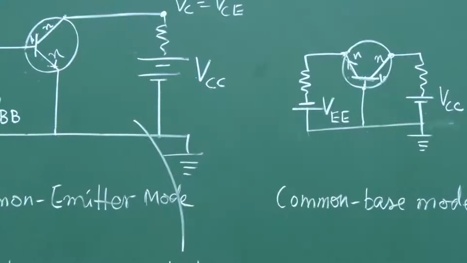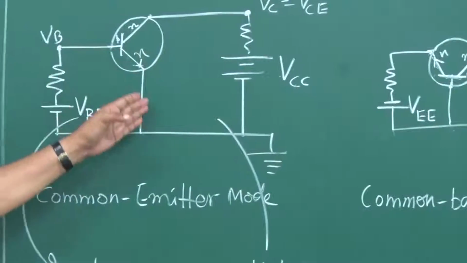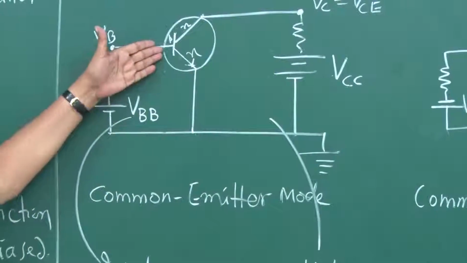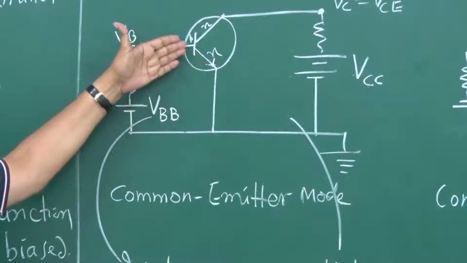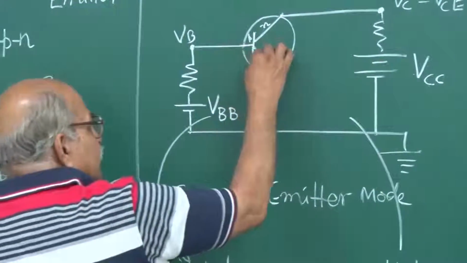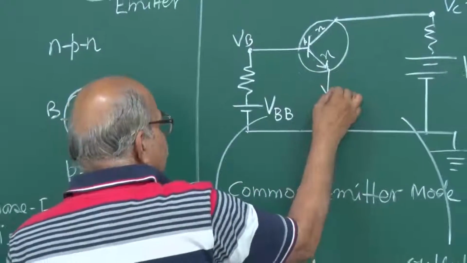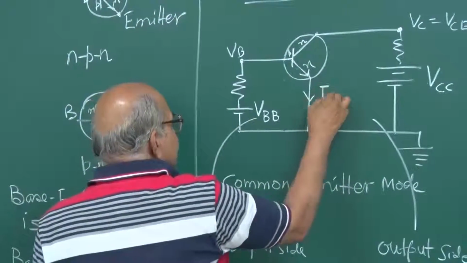Then current. Since it is forward biased, you will have a current, and that current will go from P to N. And so if the current is going like this, this current has to go through this. Now this current is written as IE.